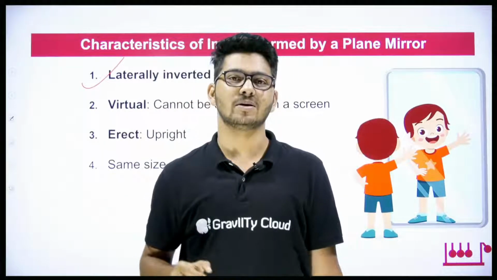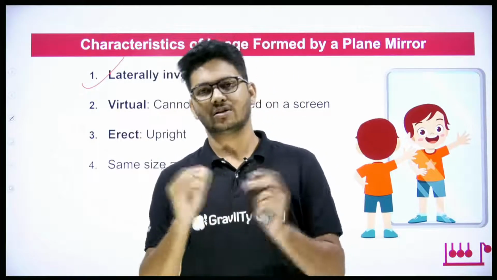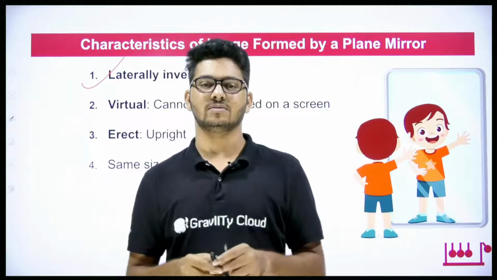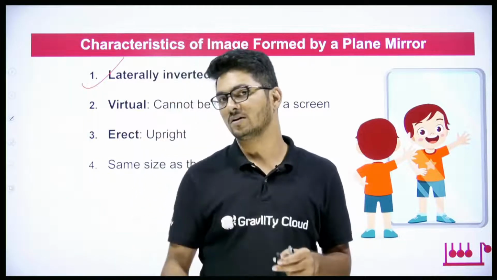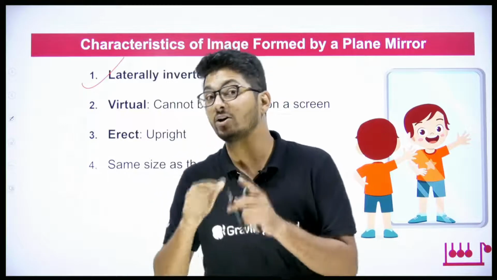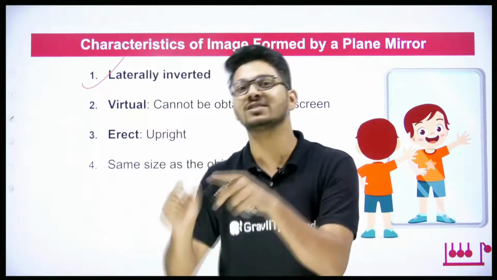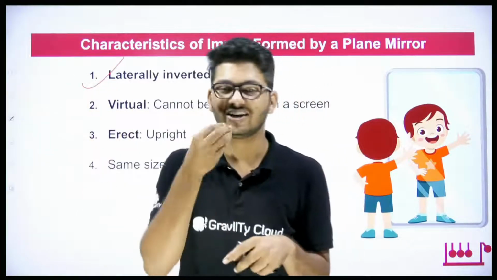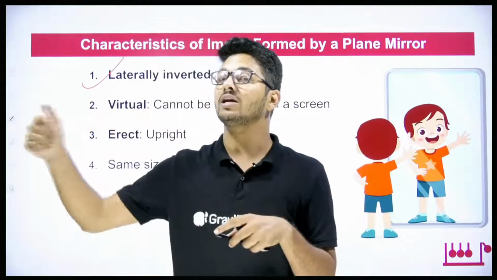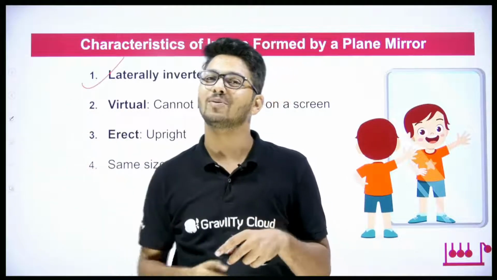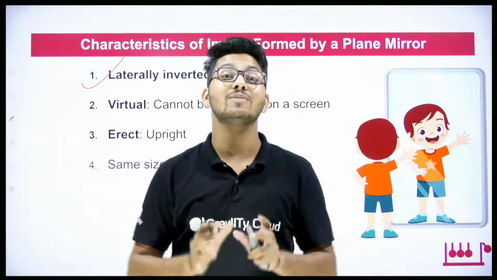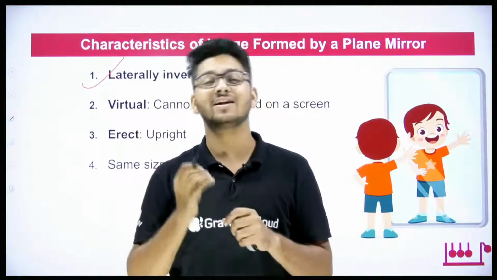Or a better example, while eating. Let's say you are a right-handed person, eating with your right hand. When you look at your image in the mirror, what happens? Your image will appear to be left-handed.